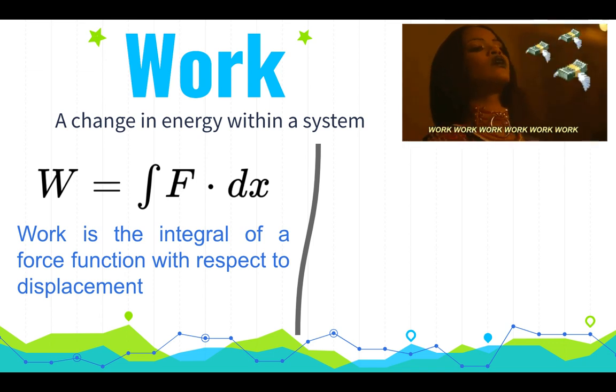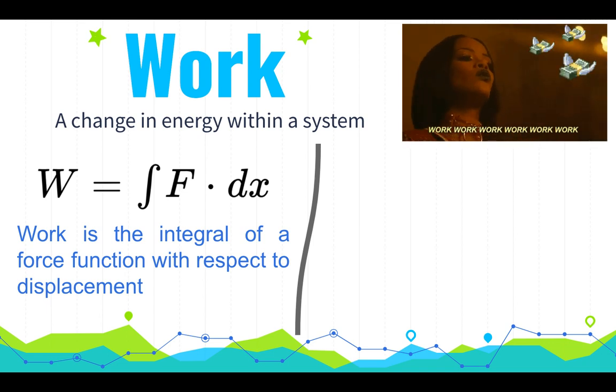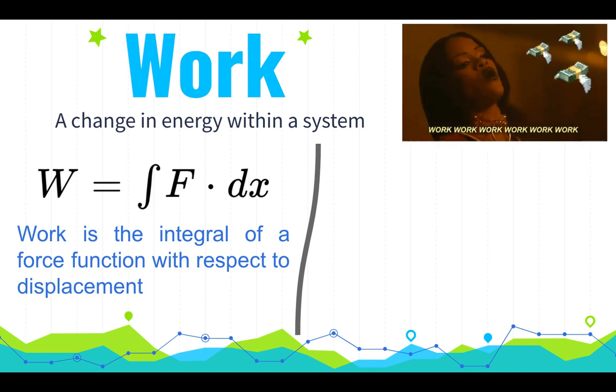Remember that when we integrate an equation for force with respect to time, we are talking about impulse, right? So if we're integrating F dt, that's the impulse, J. But if we're integrating a force that varies depending on displacement, we're looking at work, the work done on a system or done by the system.